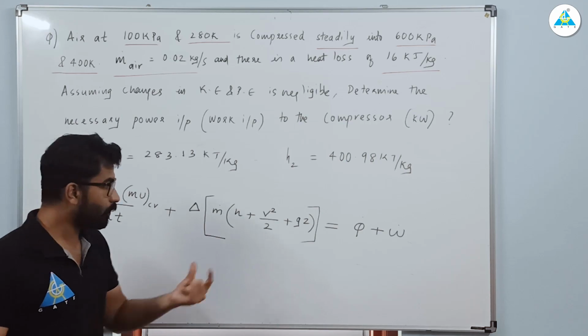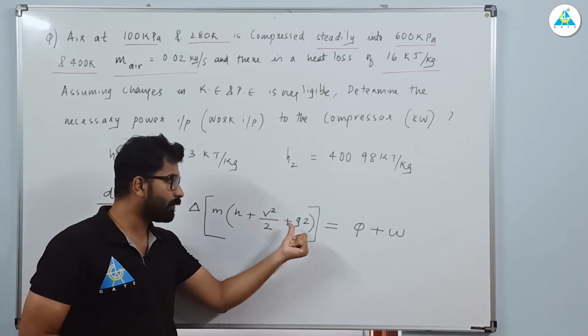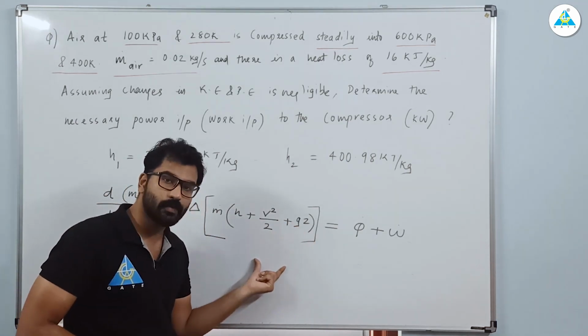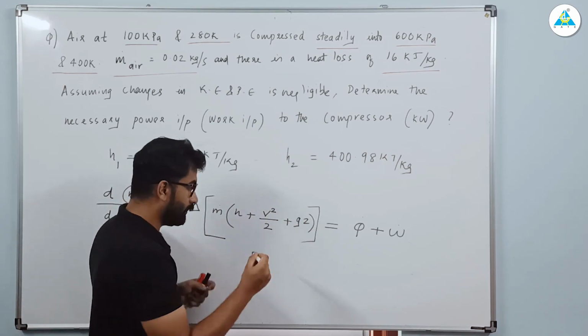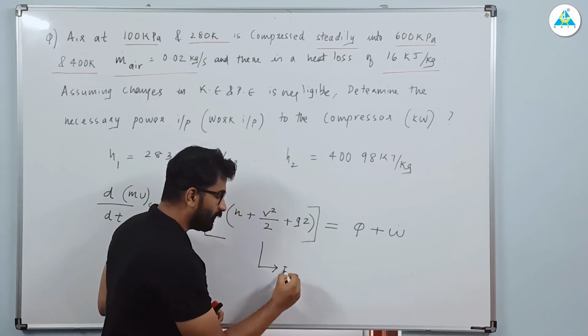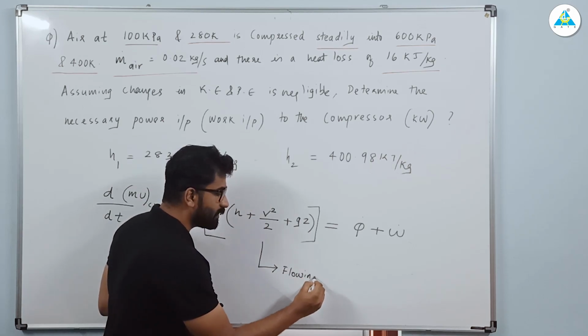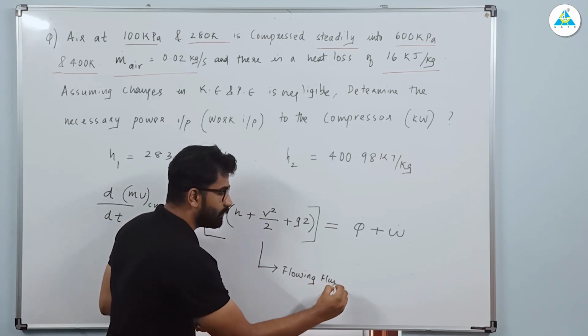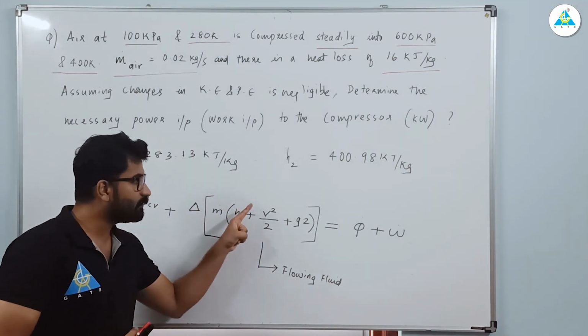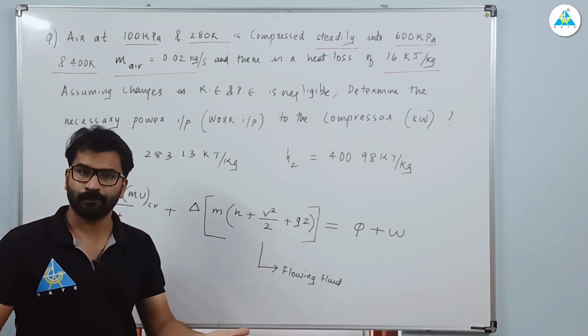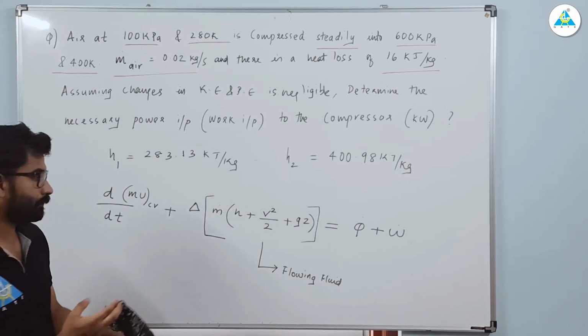Everything is done. Now what is this term, h plus V square by 2 plus g z? This term is your energy of the flowing fluid. मतलब, total energy of the flowing fluid is always represented by these three terms. Clear? So I hope you understood.